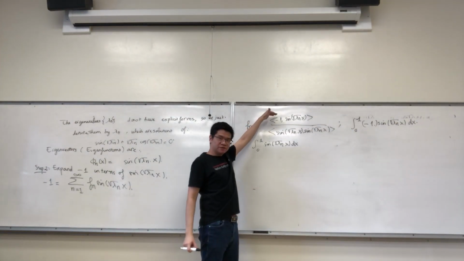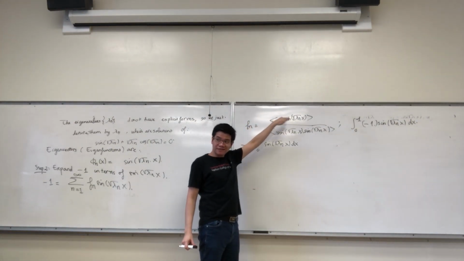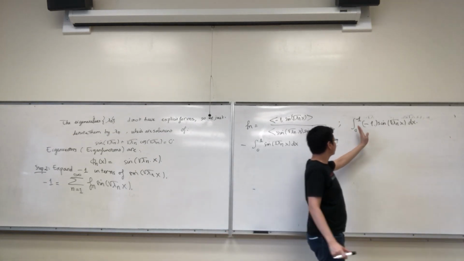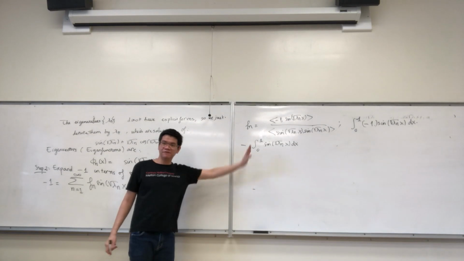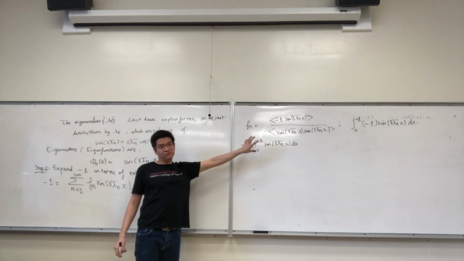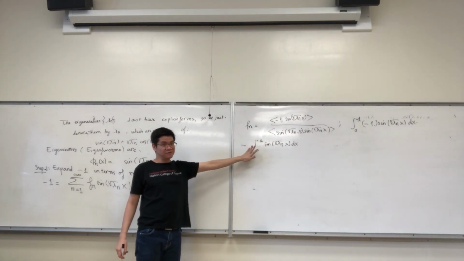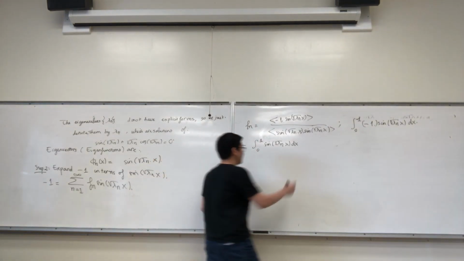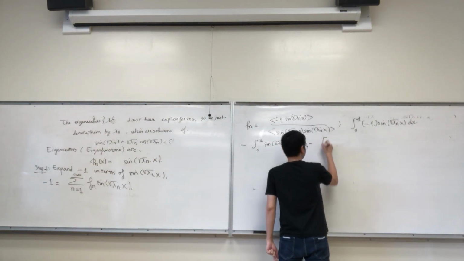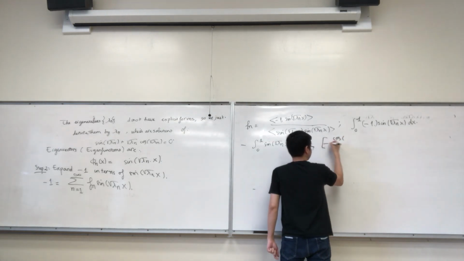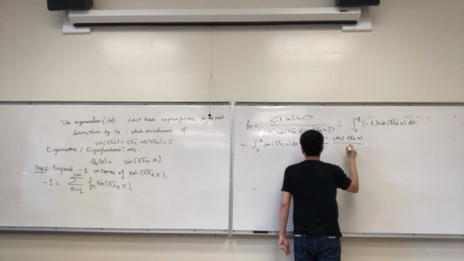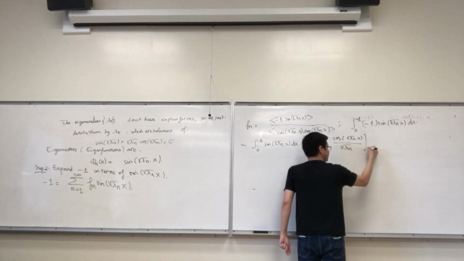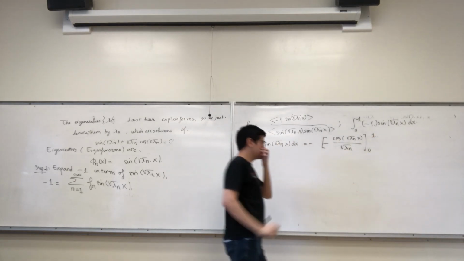So now what I have to do is the antiderivative of the sine only, right? The antiderivative of the sine will give you cosine, this is minus cosine of square root of lambda n x, divided by square root of lambda n, and you take the difference between 0 and 1. Alright?